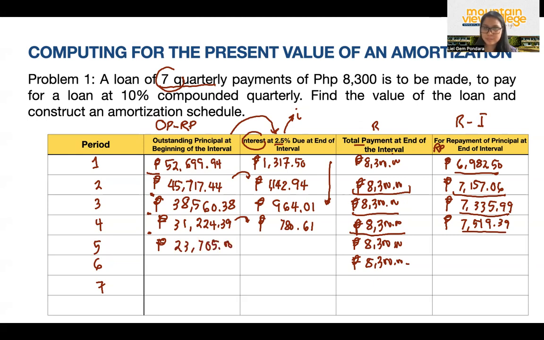23,705. You multiply it by 2.5% interest rate. You have 592.63. You subtract your interest from the payment you give every quarter.